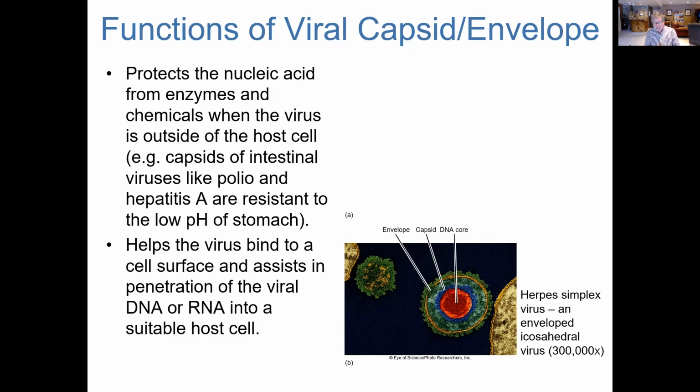And sometimes it's really important to be able to do that because, as it indicates here, in the case of some intestinal viruses, they've got to get past the low pH of the stomach. If you ingest them, you might remember from A&P too, that the pH of the stomach is about 2. That's extremely acidic, right? And yet viruses can survive their trip through the stomach due to that outer protective capsid and or envelope that they might possess.